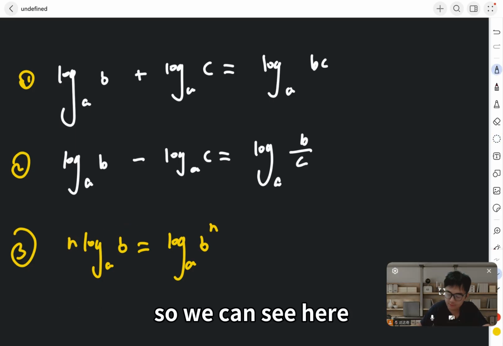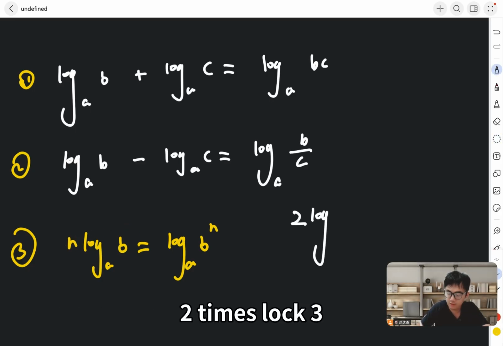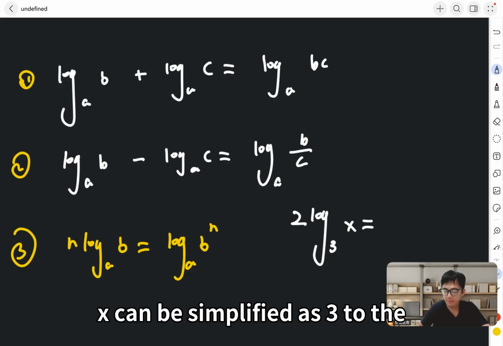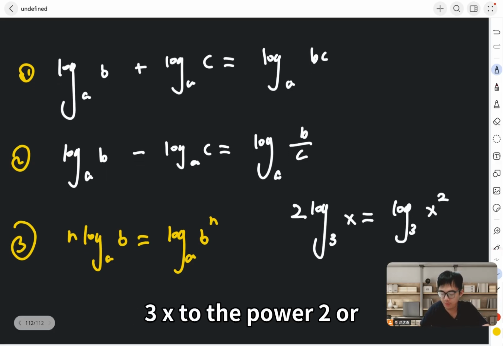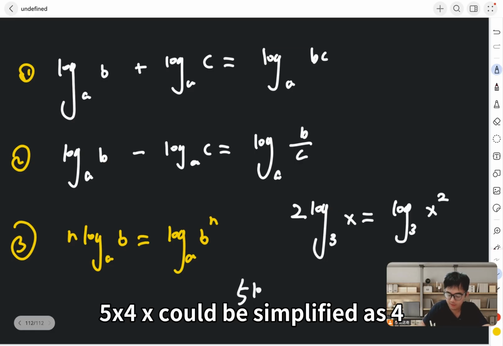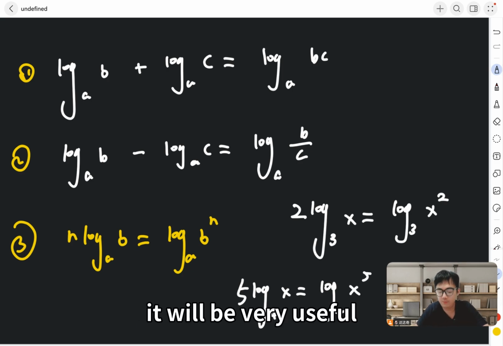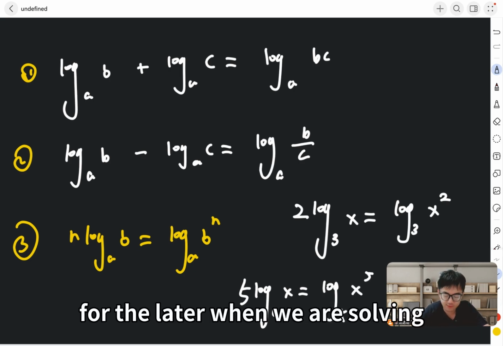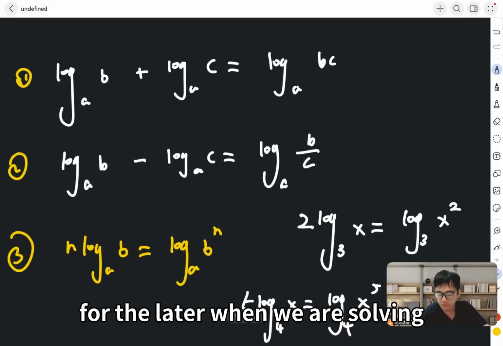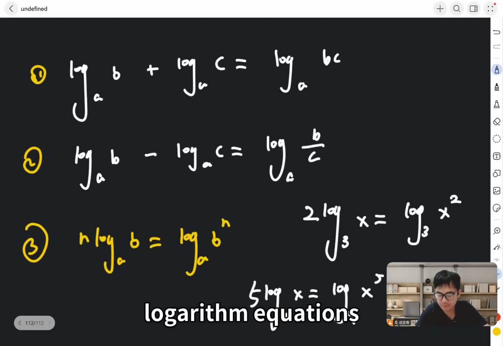So you can see here, 2 times log 3x can be simplified as log of 3x to the power 2, or 5 times log 4x could be simplified as log of 4x to the power of 5. It will be very useful later when we are solving logarithm equations.